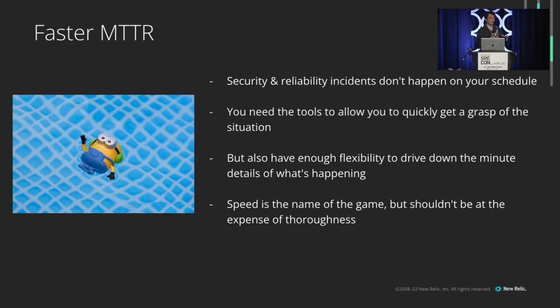So when you have these incidents, you need to be quick, but you can't, as I've said, give up on thoroughness. Because when you start giving up on that, that's when you have to make assumptions and have guesswork. So speed is the name of the game, but if you're sacrificing the ability to assess an attacker's impact, you're really losing a crucial piece of the puzzle. So with that, I will hand it back to you, Daniel, and then we can wrap things up.